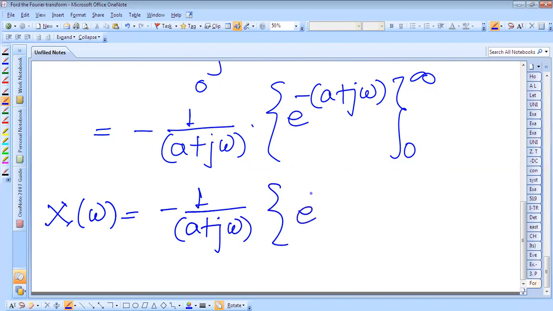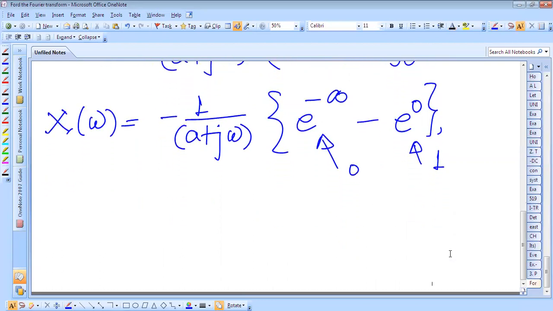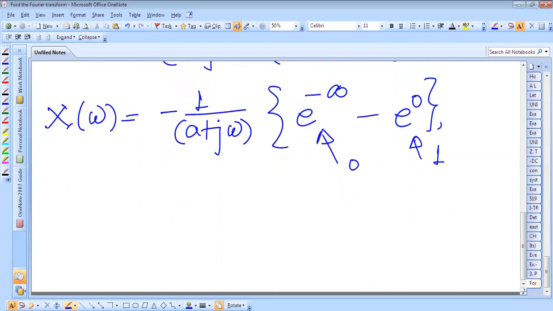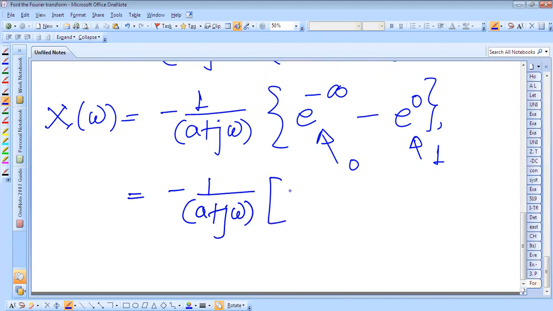After substituting the values, e raised to power minus infinity minus e raised to power 0, if you put here, this value is 0 and this value is 1, you'll get here minus 1 over a plus j omega into 0 minus 1.